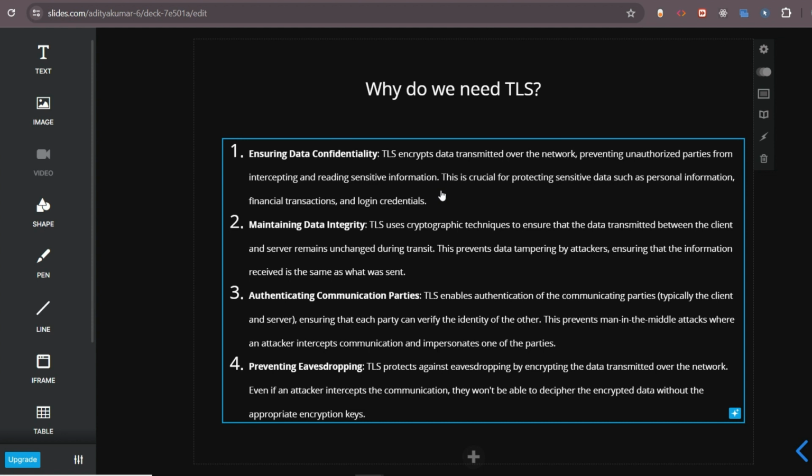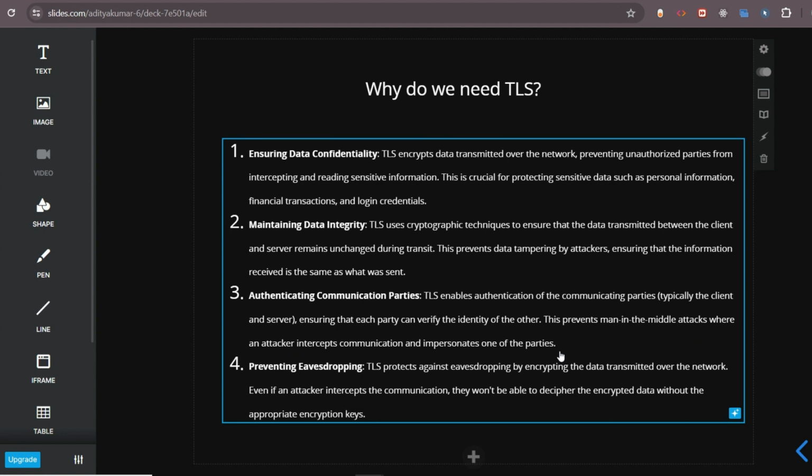The third point is authenticating communication parties. TLS enables authentication of the communicating parties, typically the client and server, ensuring that each party can verify the identity of the other. This prevents man in the middle attacks, where an attacker intercepts communication and impersonates one of the parties. Now, what does it mean?